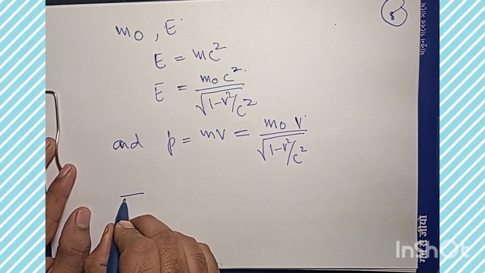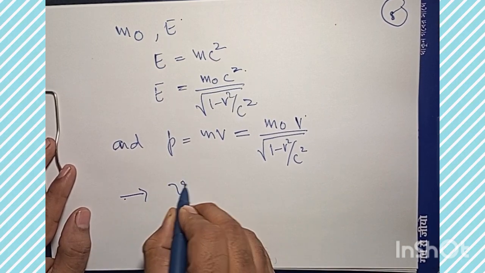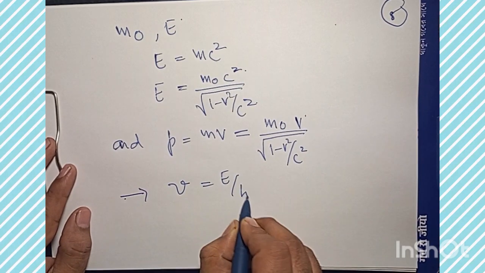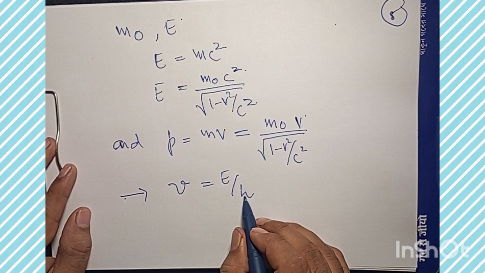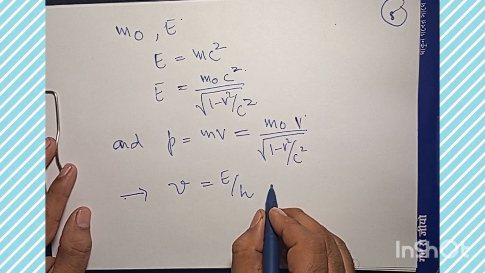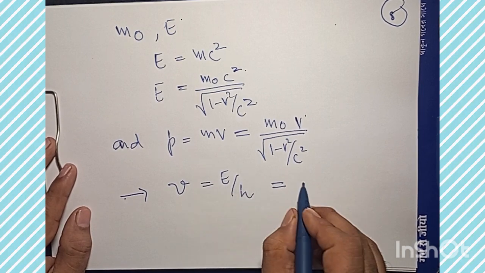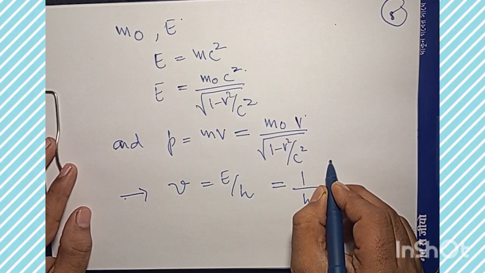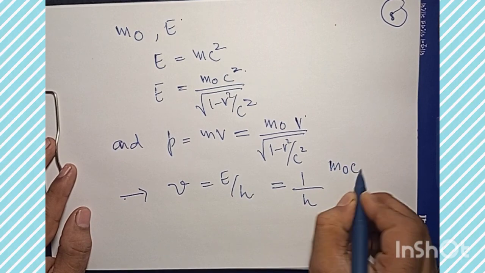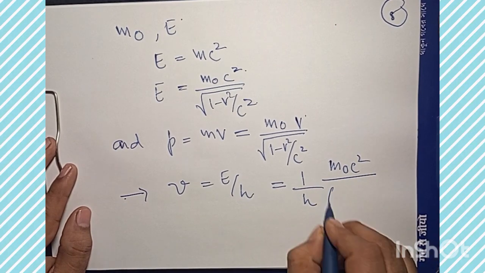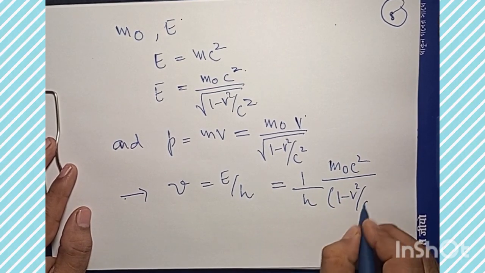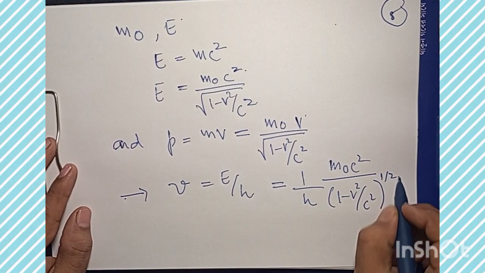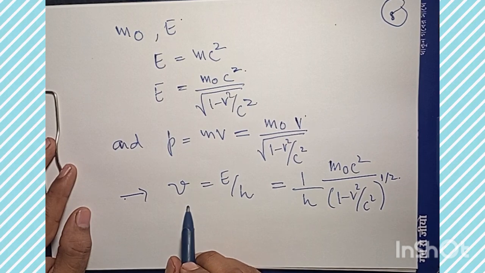So the frequency will be E by h, where h is Planck's constant. So this will be equal to 1 by h times m naught c square by 1 minus v square by c square whole raised to the power 1 by 2. Now this is the frequency.